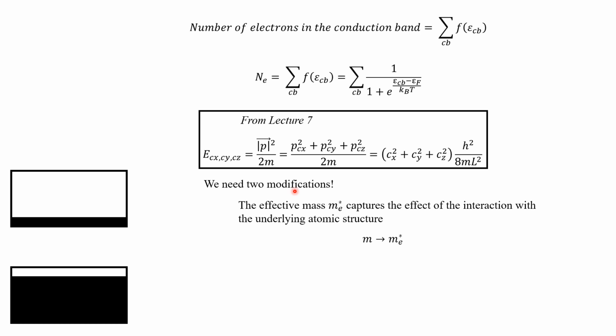And this is a bit like, let's say we want to do physics in a swimming pool. We want to study the dynamics of objects in a swimming pool. We could take into account the interaction of the object with the water, replacing the mass of the objects with an effective mass.